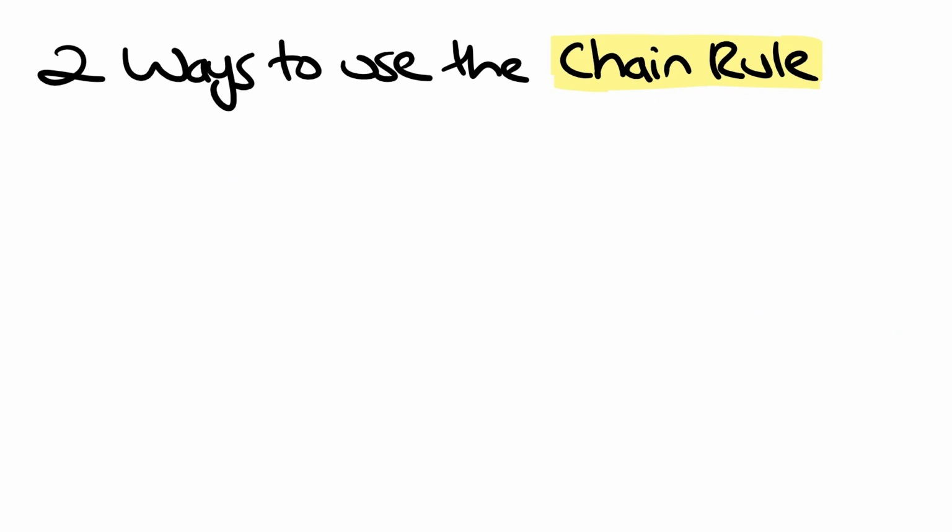And now for the second, quicker method. If we have y is equal to some function f of x, and this is raised to a power n, then for this method, we treat f of x as one term.